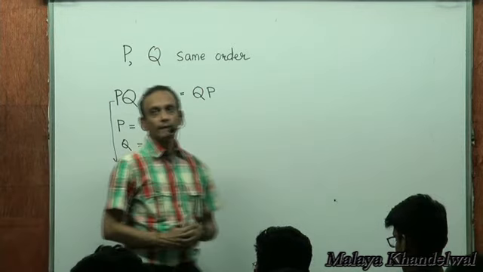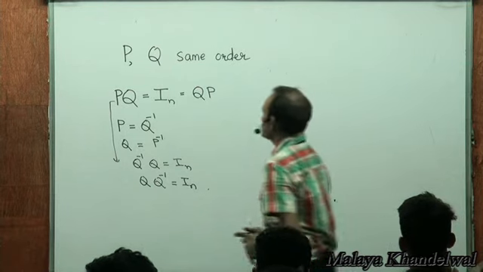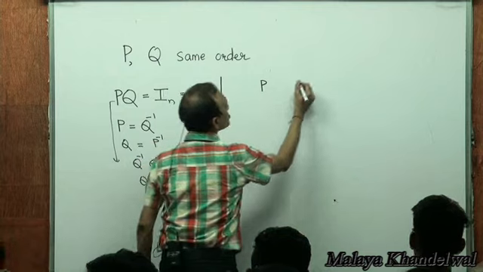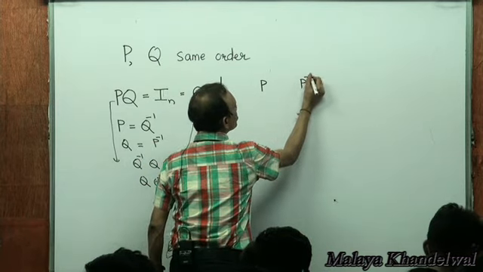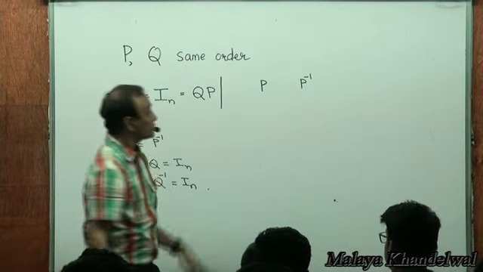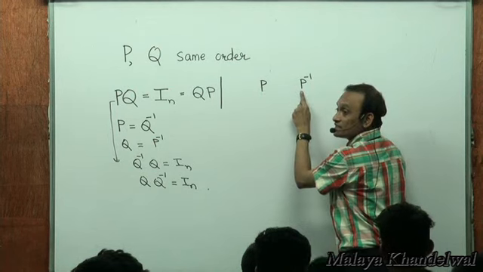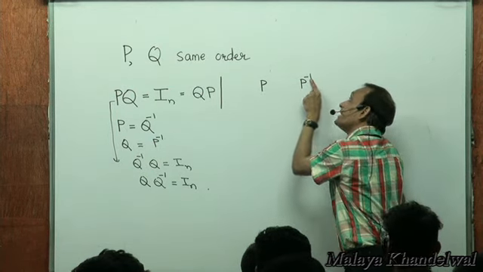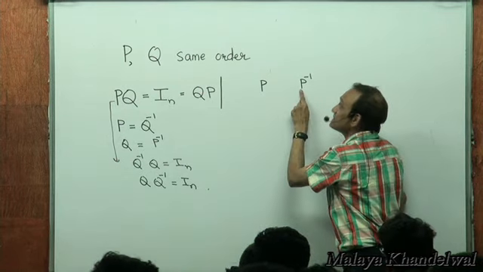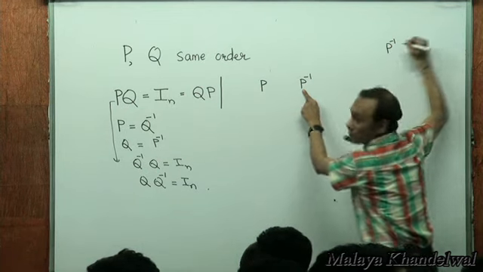Also you would realize if P is a matrix, this is its inverse. They are inverses of each other. The inverse of P is P inverse, and the inverse of P inverse will be P. The inverse of this is also a matrix after all.